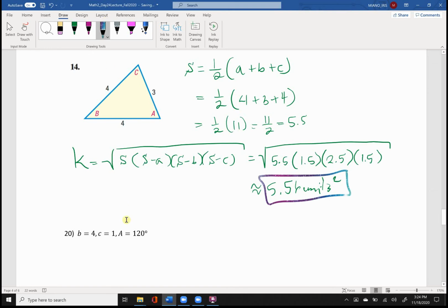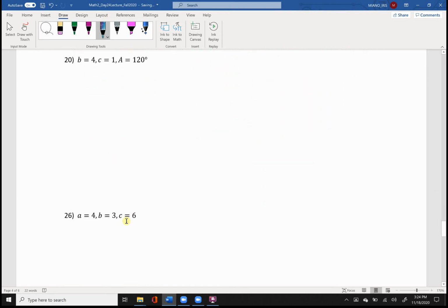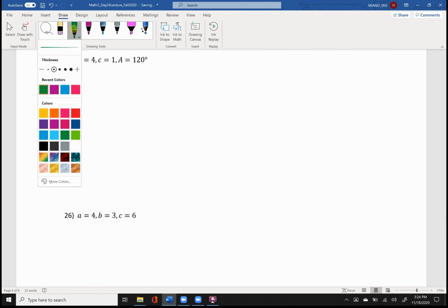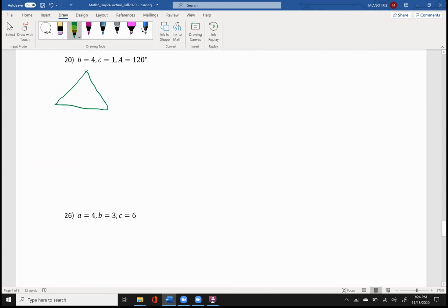Great. Now, that was good having pictures. What if you don't have a picture? Draw yourself a picture. No biggie. Some generic triangle, doesn't matter. Slap on a 4, slap on a 1, slap on a, where's A go? Okay, so B is 4, right?